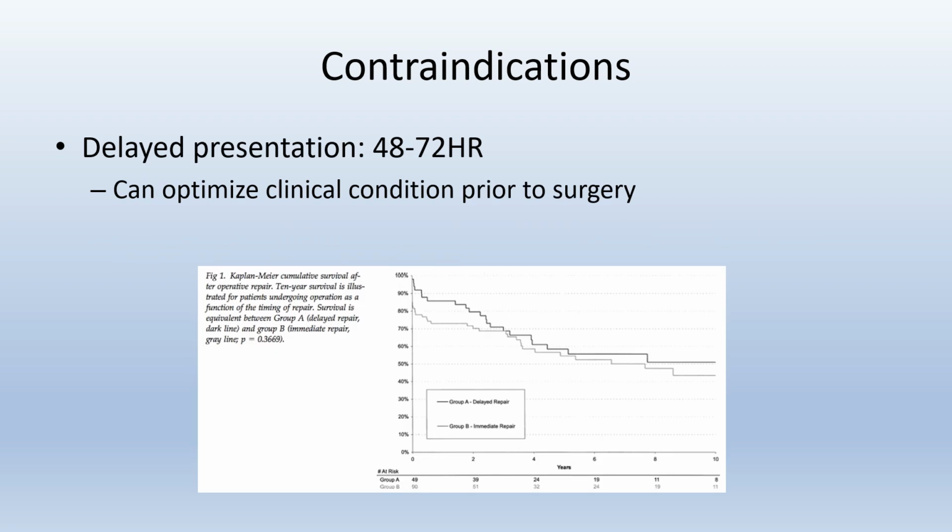So with delayed presentation, 48 to 72 hours can optimize clinical condition prior to surgery. And there's a Kaplan-Meier curve showing the operative repair 10-year survival, as illustrated for the patients undergoing the operation, group A compared to group B.